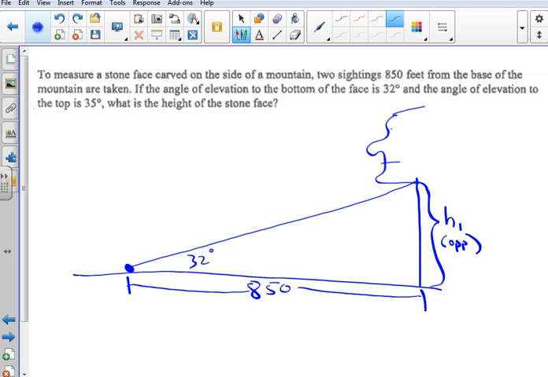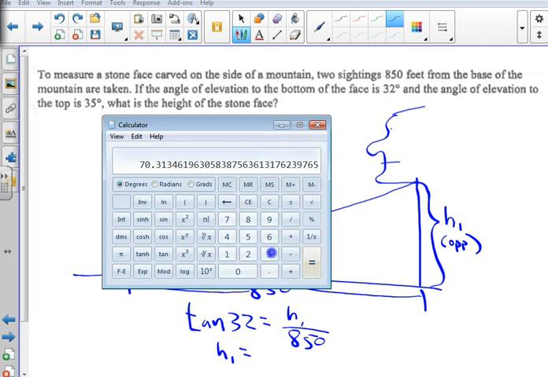And we have the adjacent. So once again, tangent comes up. So tangent of 32 degrees equals opposite, which is h1, over 850. So h1 comes out to be 850 times the tangent of 32. So it's going to be 531.1.